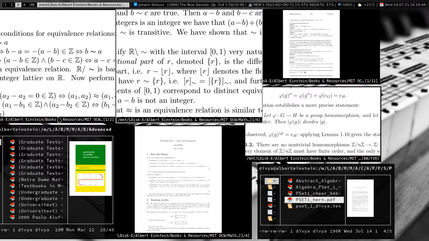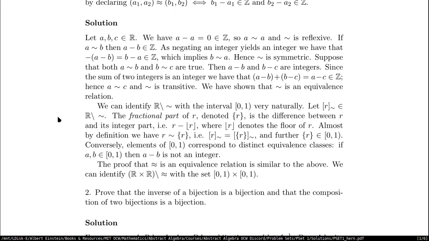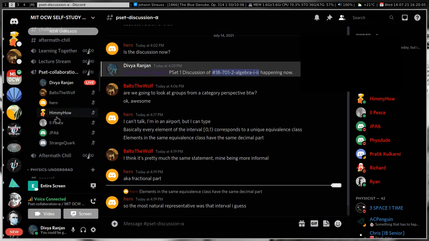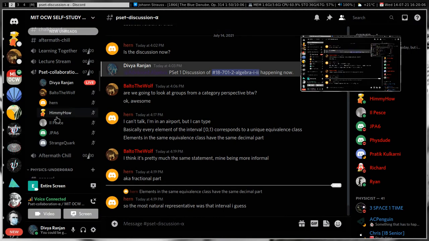So two elements which are in the same equivalence class, that means they're identified, are going to have the same decimal part, right? And then you can use the floor function. Okay, yeah, makes sense.